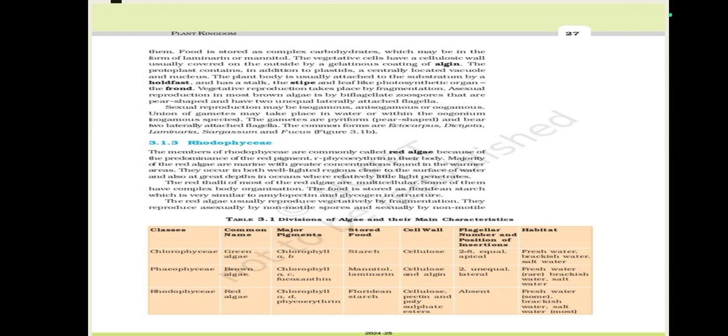The red thalli of most of the red algae are multicellular. Some of them have complex body organization. The food is stored as floridean starch, which is very similar to amylopectin and glycogen in structure.